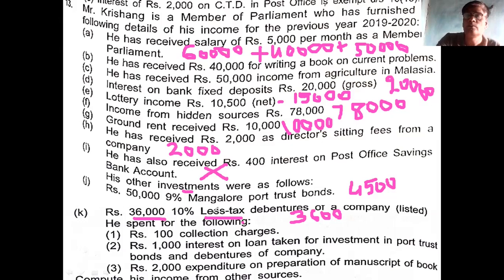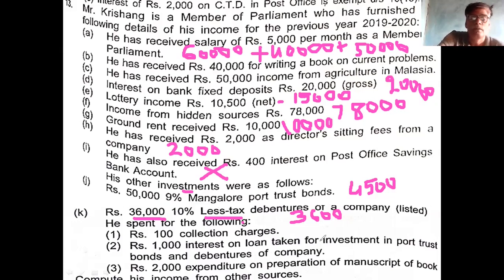In both cases, principal given in the problem or interest given in the problem for tax free, you gross up. Remember this. This is the point you remember. Repeatedly, I am telling you.